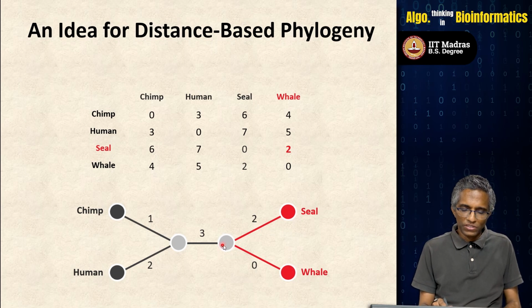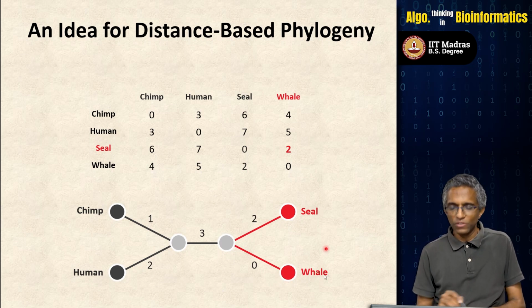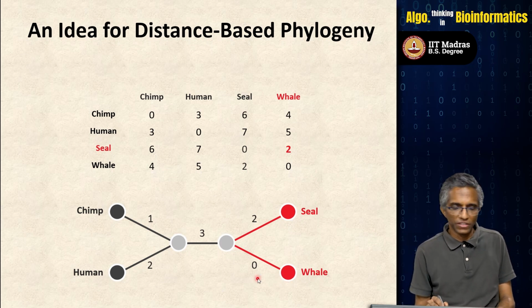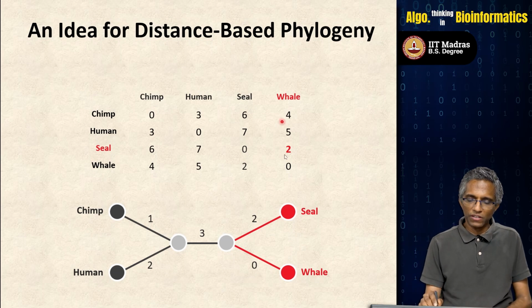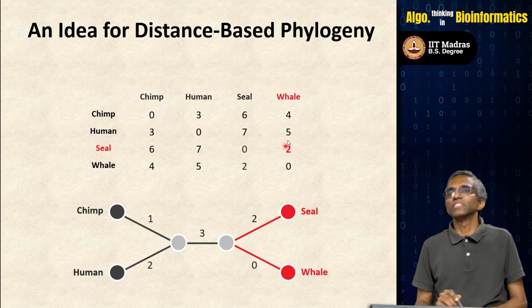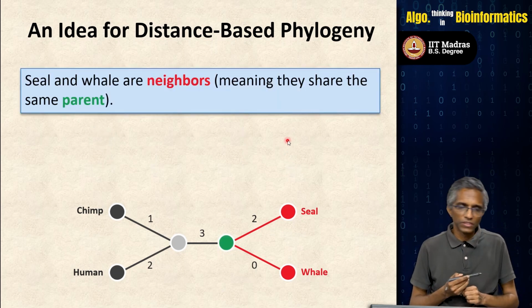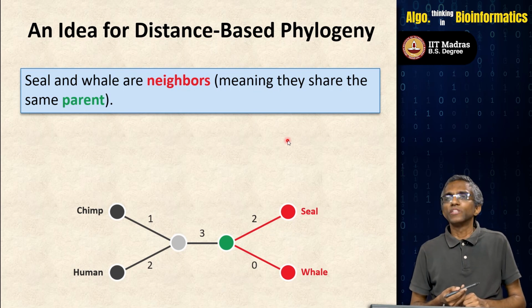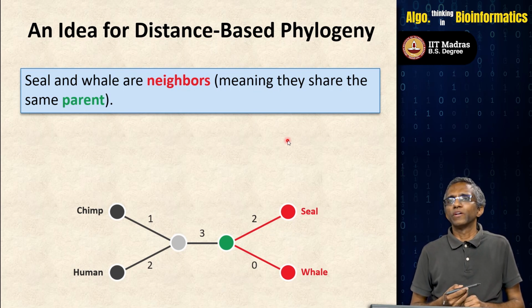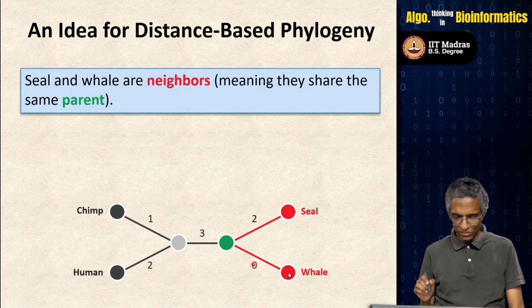So, this internal node is the place that holds this bunch together, and then these two cherry fruits are there. So, you have now picked a cherry, they also call it finding a cherry or picking a cherry. So, the seal and whale are the closest ones in terms of the lowest distance, and you make them a cherry. Those with the smallest pairwise distance, you make them share the parent and you construct the structure. Okay.